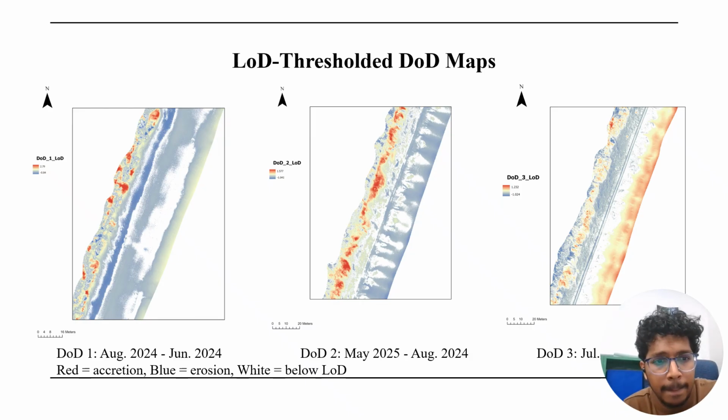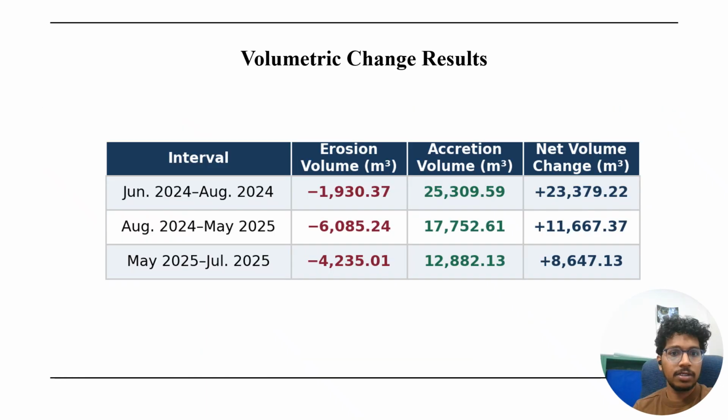The first LOD map shows much more accretion, and the LOD 2 shows much more accretion on the dune system, but the shoreline has shifted much more in LOD map 3 here.